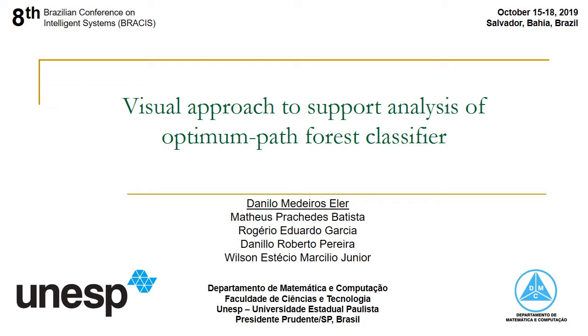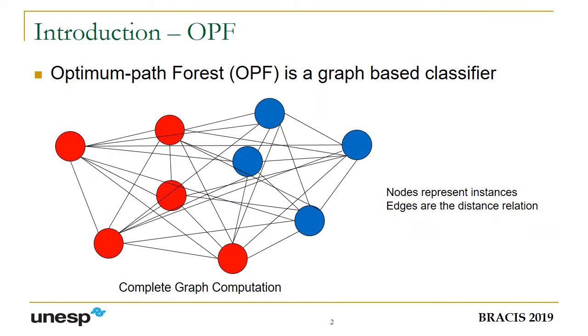I'm going to present this paper from BRACIS, which is a visual approach to support analysis of the optimum-path forest classifier. The OPF classifier is a graph-based classifier. The first step of this OPF framework is to compute the distance among all instances.